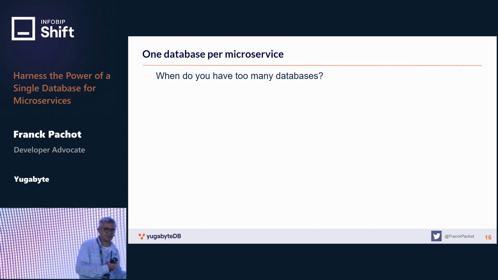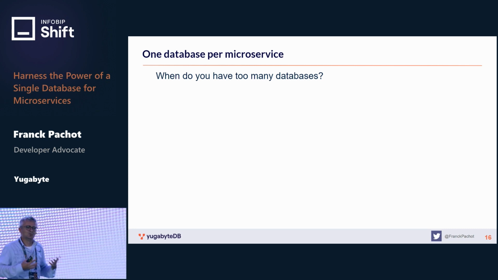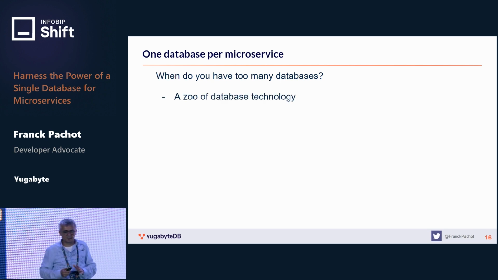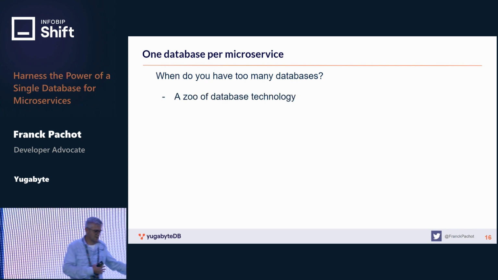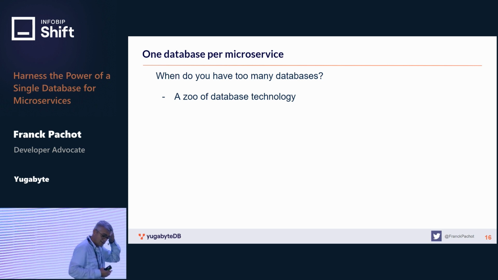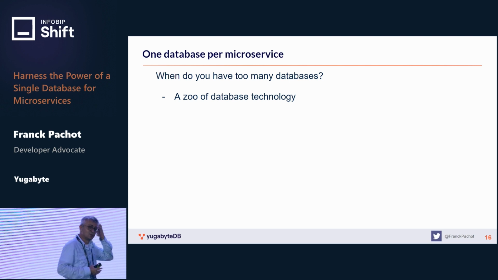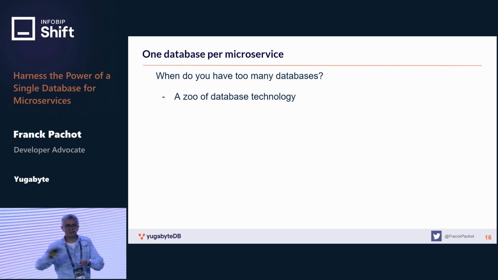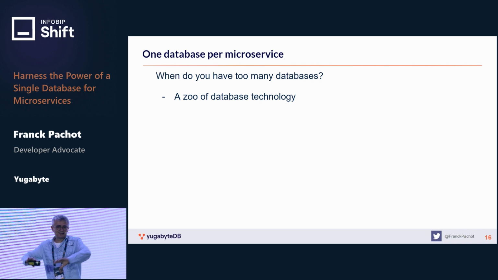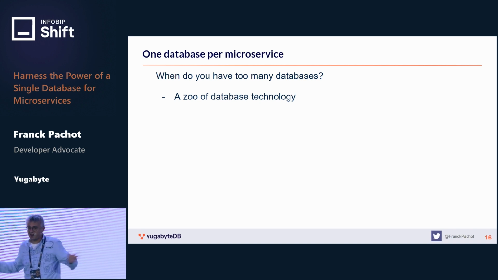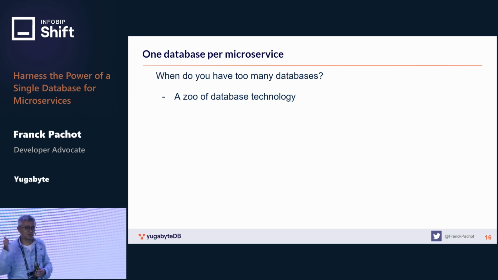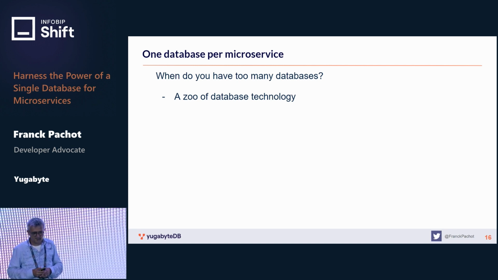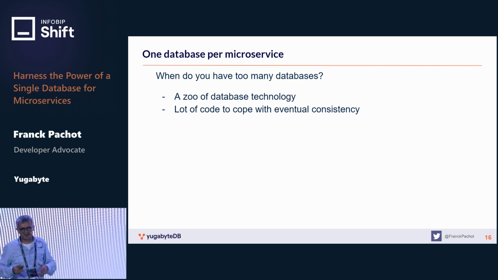The risk I see if you decouple too much is that you have too many databases. I've been working as a database administrator, and I've seen companies with 4 people in operations and 10 different technologies to manage. And to manage means they need to know it, patch it, understand it, follow the versions, so a zoo of databases.